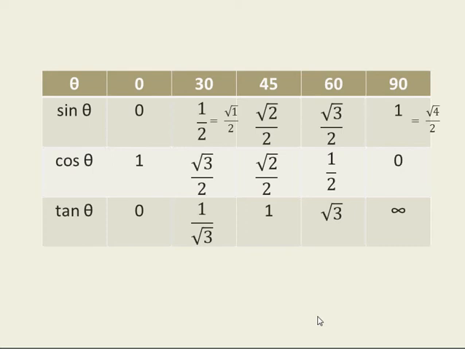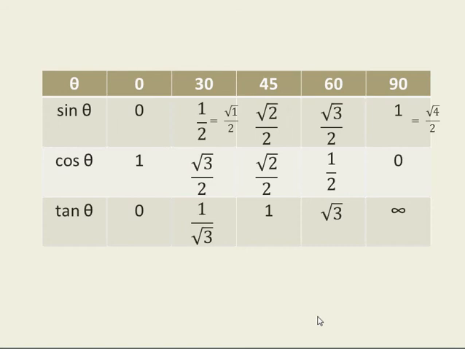Probably not the best way to remember it in a table during an exam, but it's a good little method that backs up everything. Okay, so then the values of sine, cos and tan for 0, 30, 45, 60 and 90.